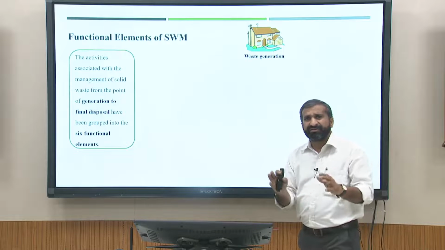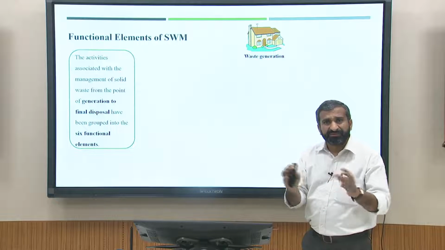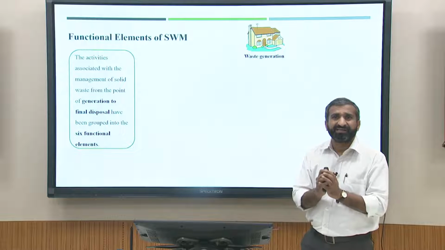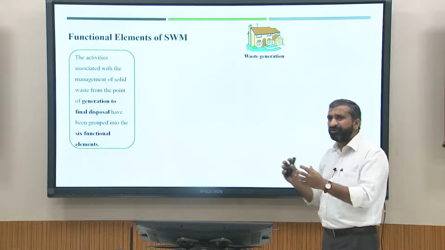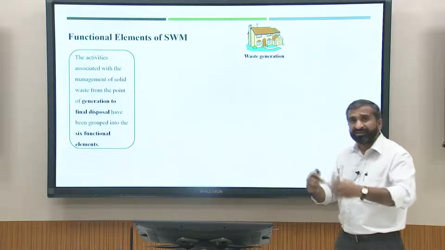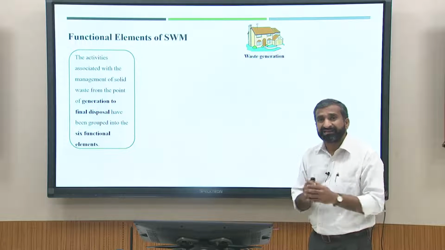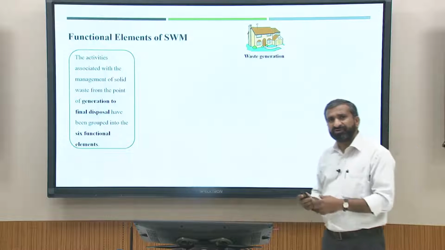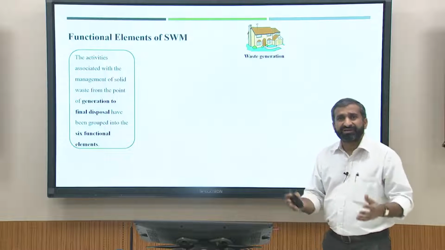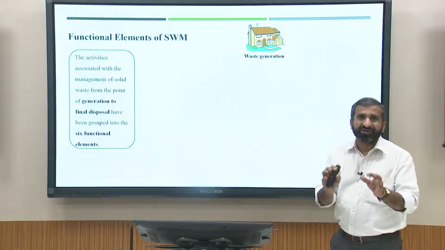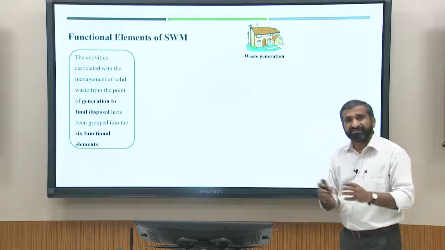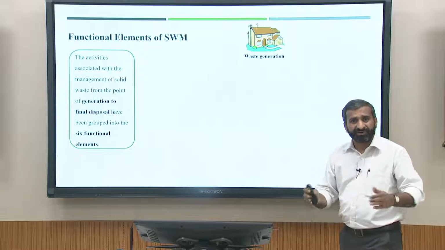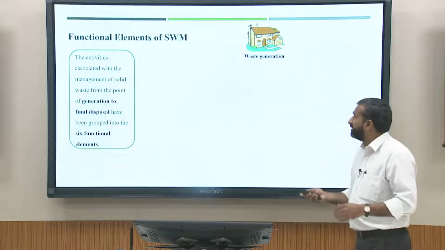There are different sources of solid waste, with different composition and different characterization. It is very important to know how much quantity is getting generated and what kind of characteristics. I will take 2 lectures on waste generation, because knowing the quantity and volume generated in a particular locality, city or country is also very important.